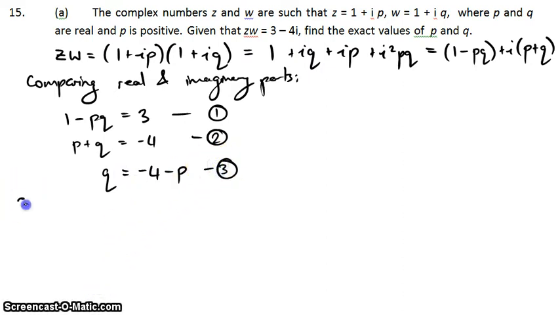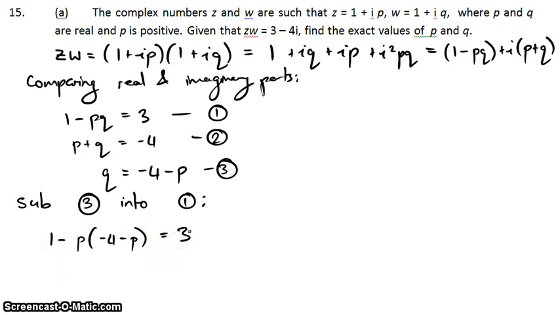And I'm going to sub equation 3 into equation 1. And so what does that give me? That gives me 1 minus p(minus 4 minus p) is equal to 3. So that gives me minus 2 plus 4p plus p squared equals 0.